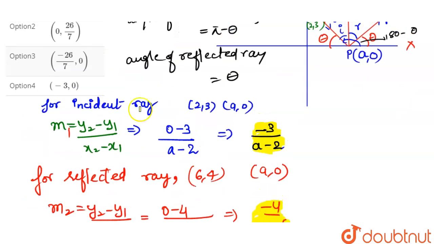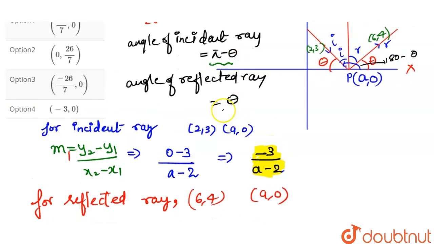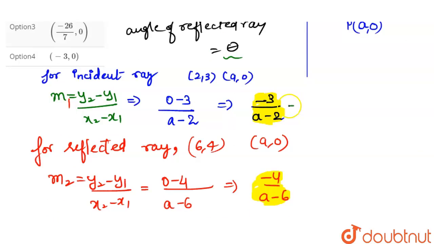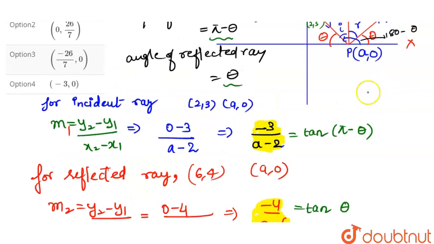Now the angle for the incident ray is pi minus theta and for the reflected ray it is theta. So m1 can be written as tan of pi minus theta, and m2 as tan theta because the angle made by the reflected ray with the x-axis is theta. This is pi by 2, this is 0 and this is pi. Pi minus theta lies in the second quadrant, where tan is negative, so we have minus tan theta.